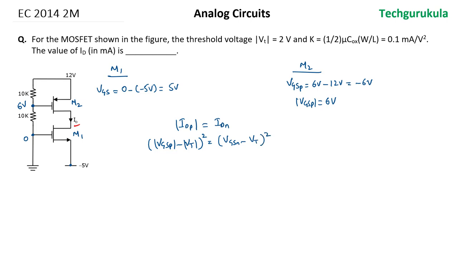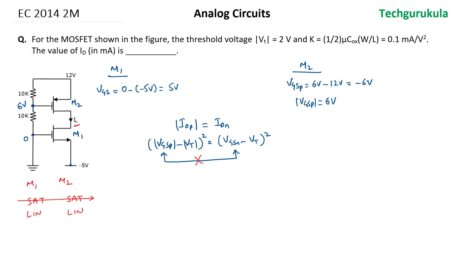In this case, VGSP magnitude should be equal to VGSN, which is not correct, which means both the transistors cannot be in saturation region. So let me put a table here: M1 and M2, saturation and saturation is not possible. And let's say both of them in linear and linear.